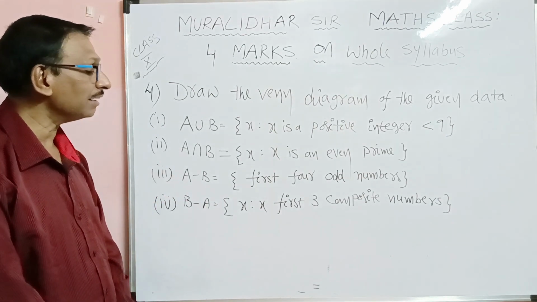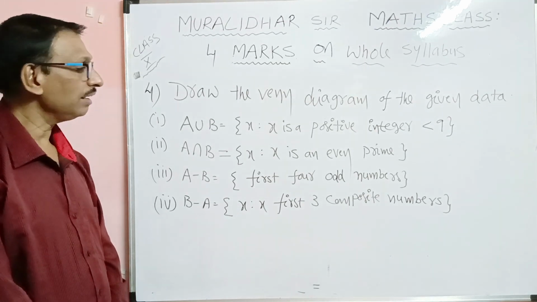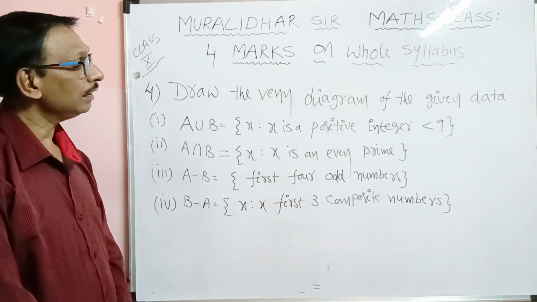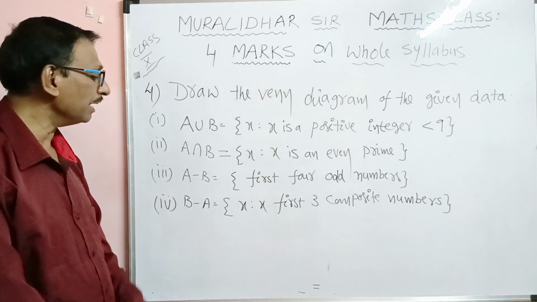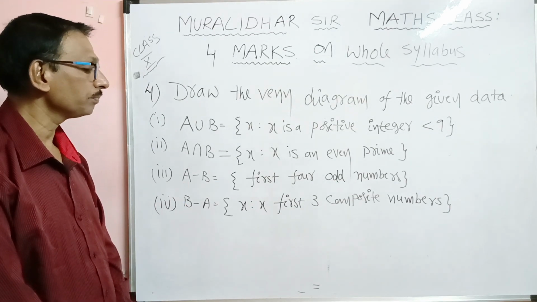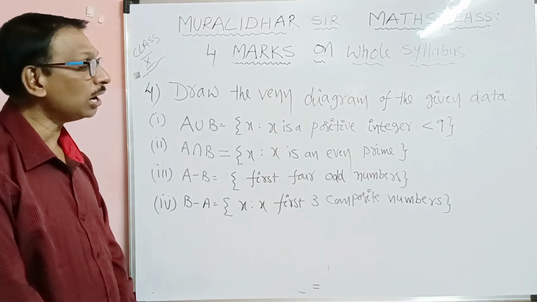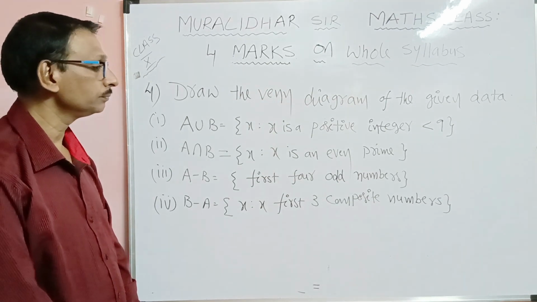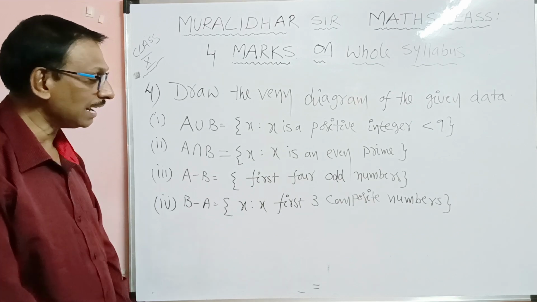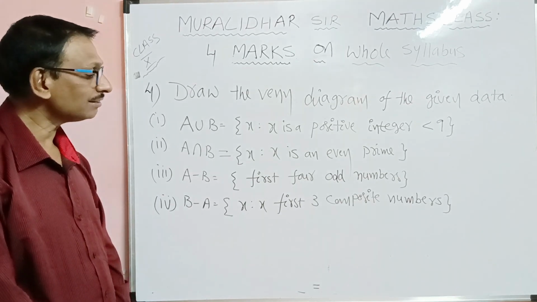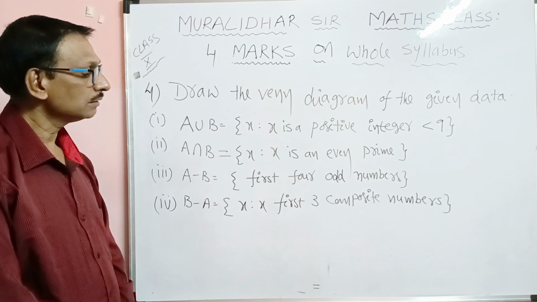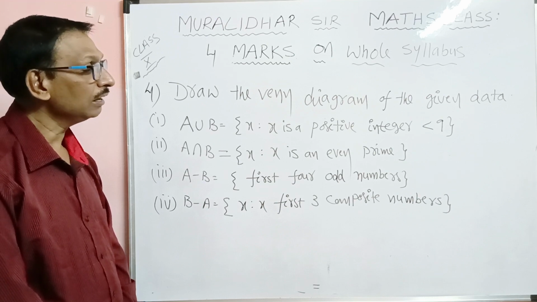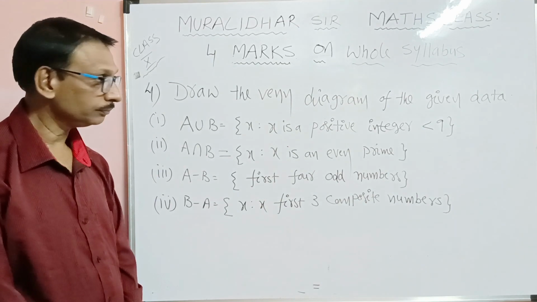Second one, A intersection B is equal to x such that x is an even prime. Third one is A minus B, first 4 odd numbers. B minus A, x such that x is first 3 composite numbers.